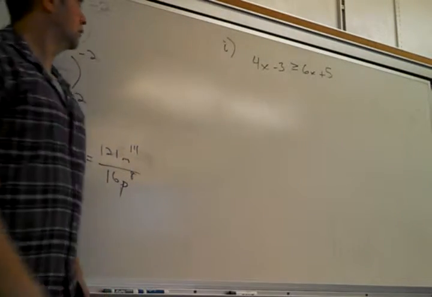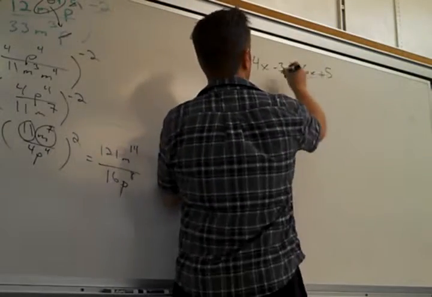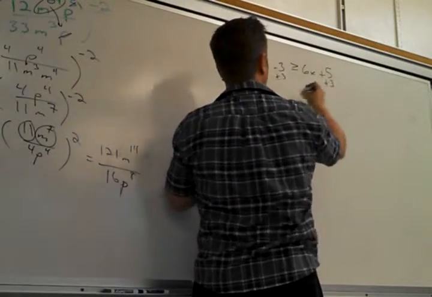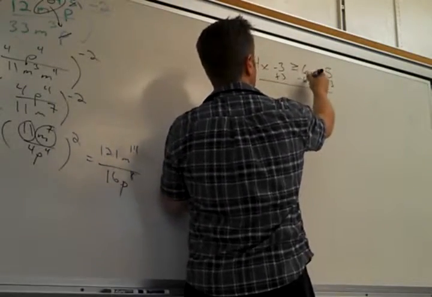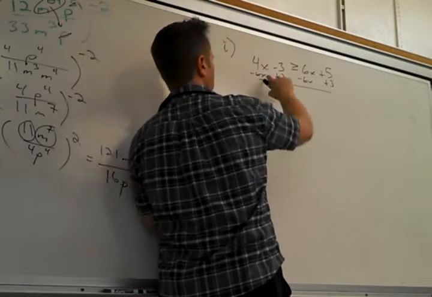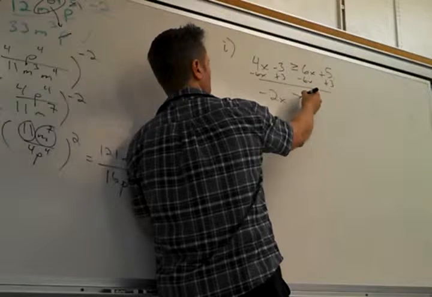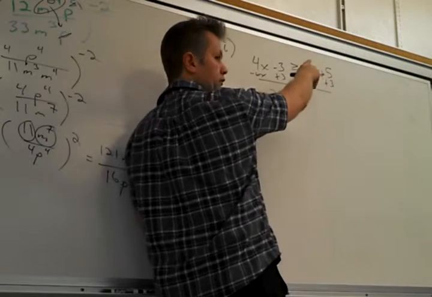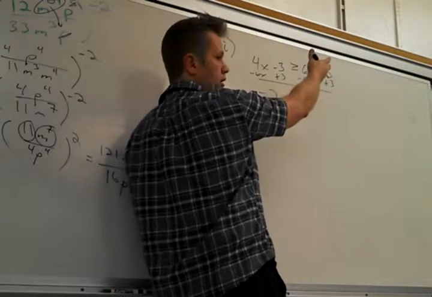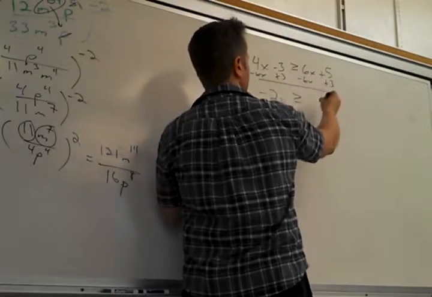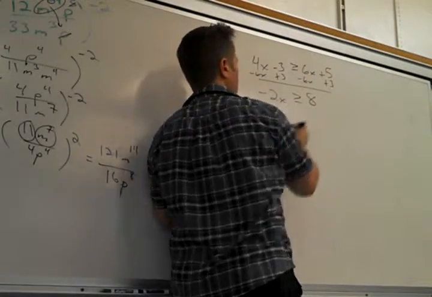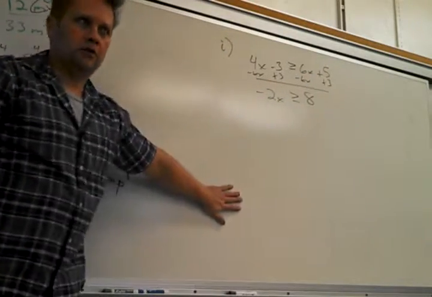Add 3. And subtract 6x. So you get negative 2x. Have you divided or multiplied by a negative? No. We just added and subtracted stuff. So that's the same. That's 8. And of course, I did this on purpose.